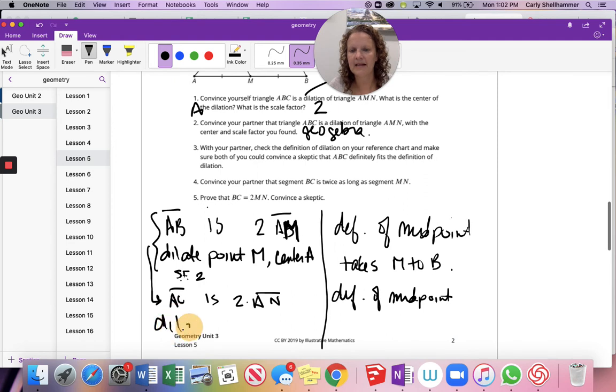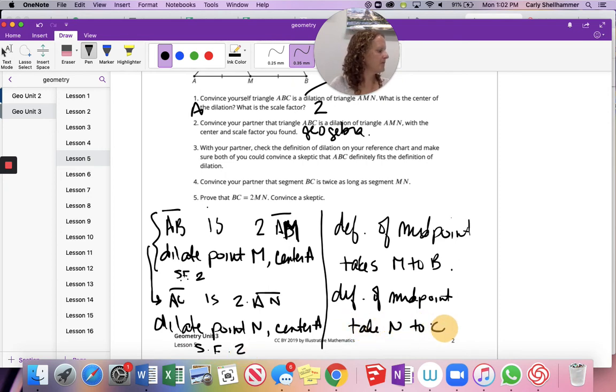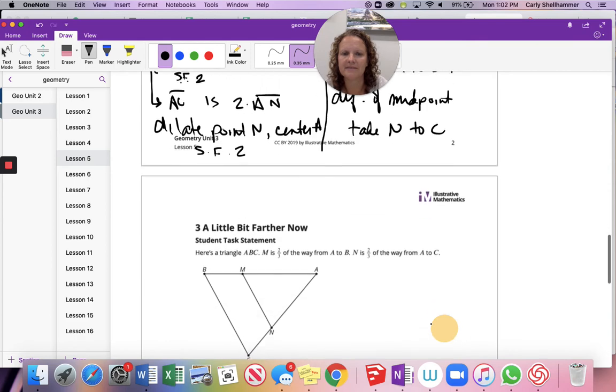When I dilate point N with center A and scale factor of 2, I take N to C. And that's really it, because of the dilation.